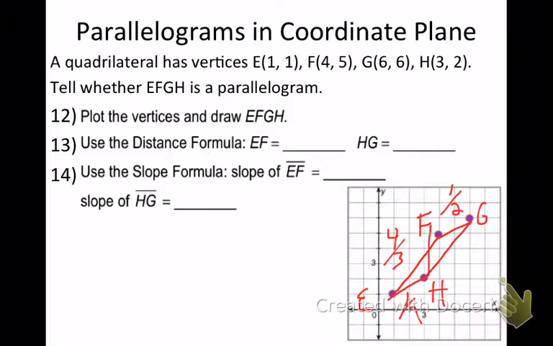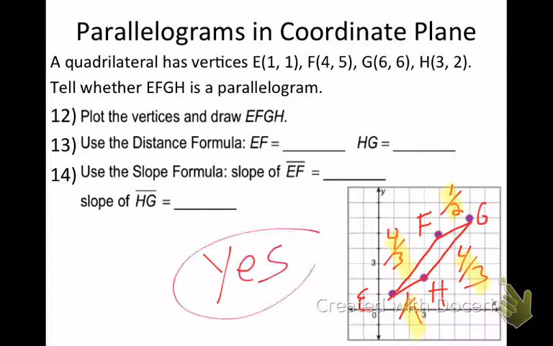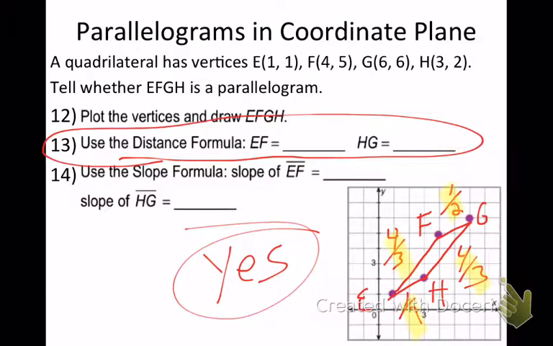What's the slope from H to G? 4/3. Are the opposite sides the same slope? Yes. So is this parallel? Yes. In the coordinate plane, we're just going to look at some of those slopes. You can also use the distance formula if you wanted to, but that would probably be a little bit harder than slope. We can also use distance.